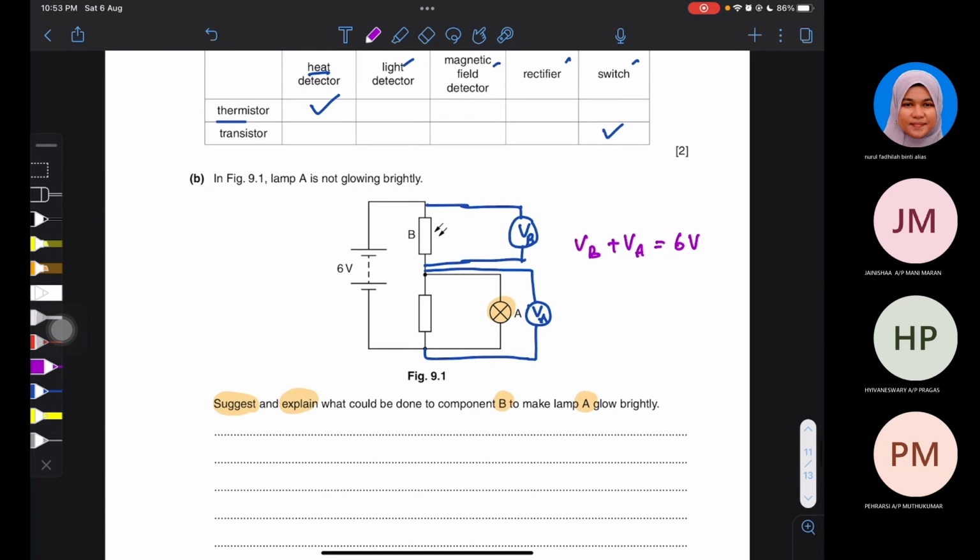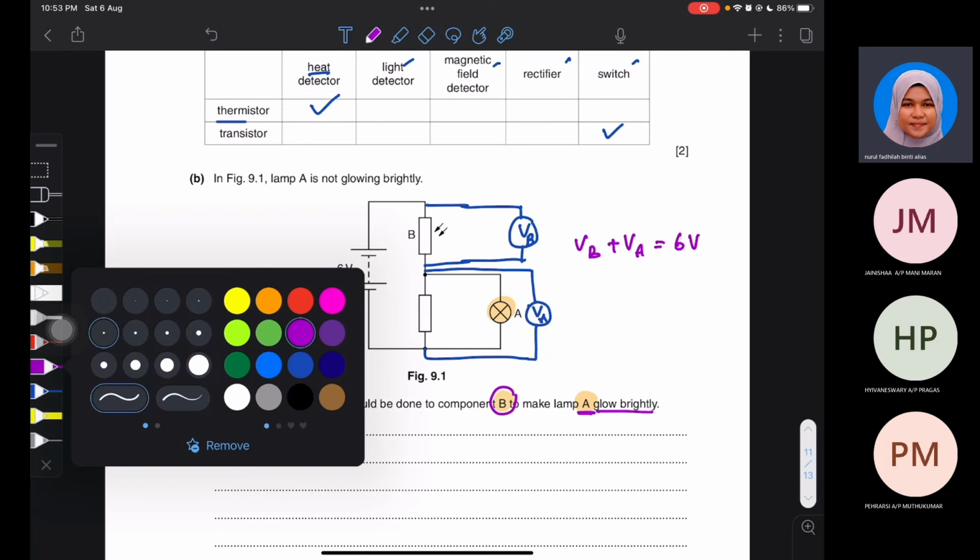Now, so what can you do to B to make A bright? Ini potential divider ni. So you sebenarnya, you want A to glow brightly. Jadi nak glow brightly, dia kena ada high voltage. Ya?